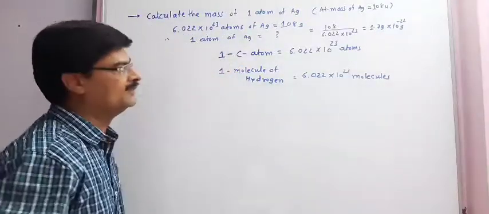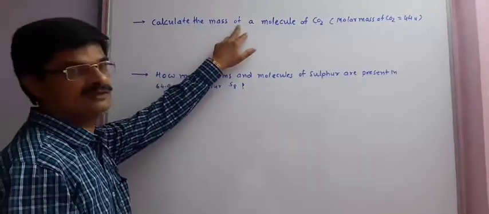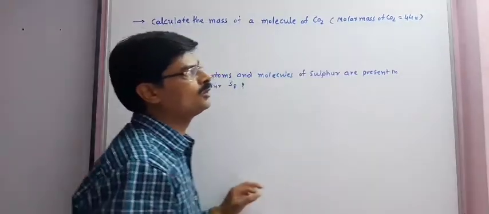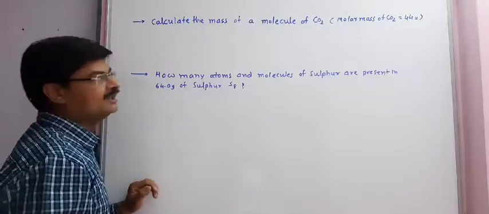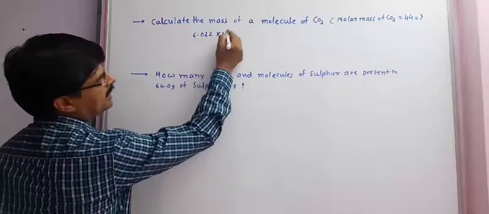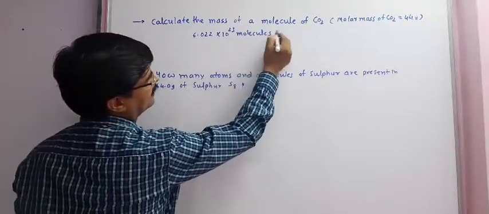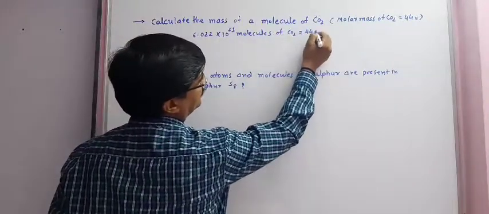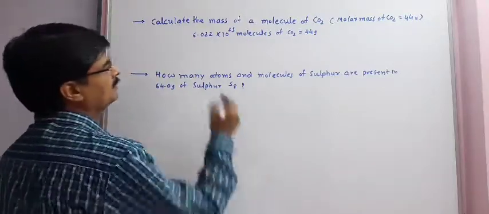Now in this question, we have to calculate the mass of a molecule of CO2, provided the molar mass of CO2 is 44 u. According to the definition of the mole concept, we can say 6.022 into 10 raised to 23 molecules of carbon dioxide is equal to 44 gram. 44 unified mass is equal to 44 gram.